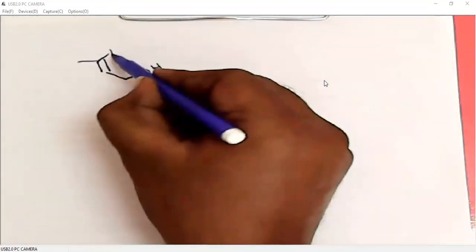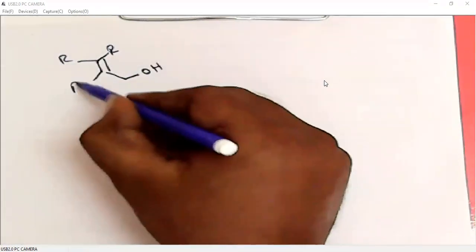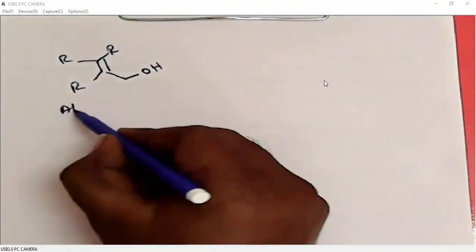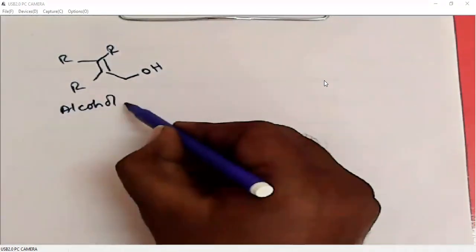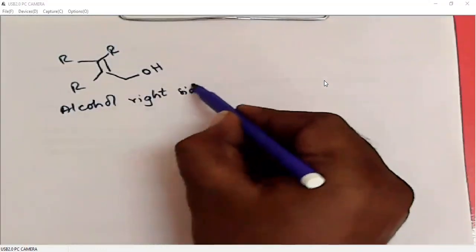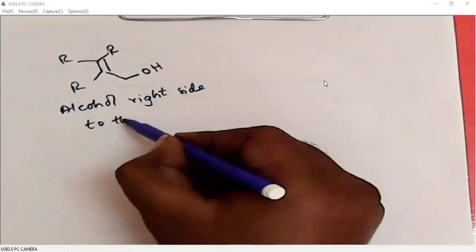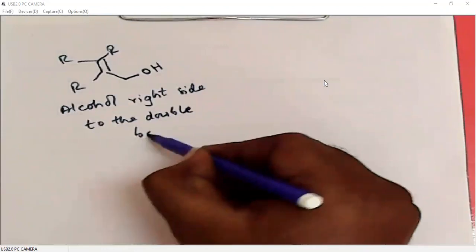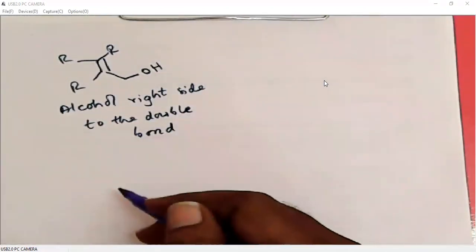Of course, you may have different substituents. It doesn't matter for us. The alcohol should be on the right side of the double bond.